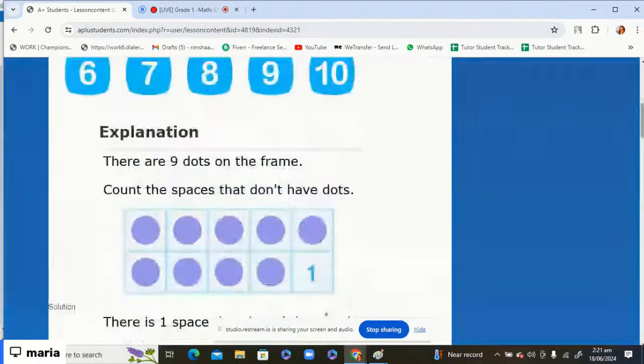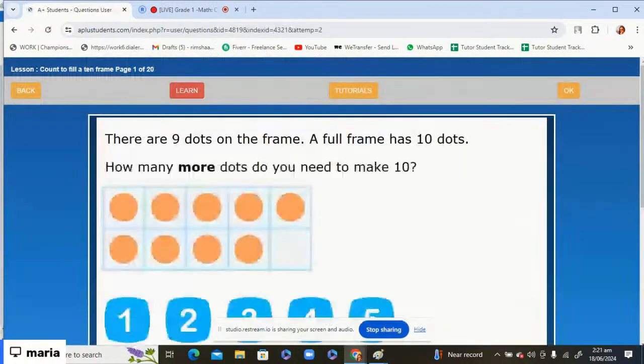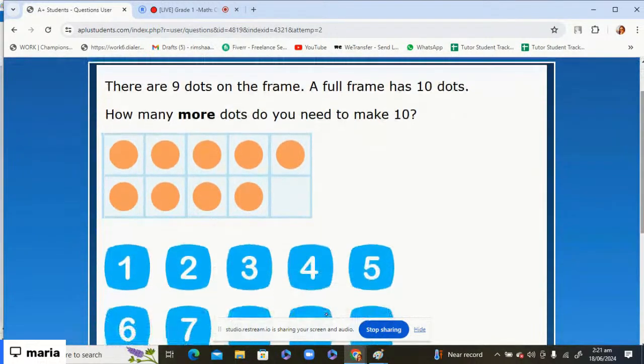Okay, now let's do some test questions. So there are 9 dots on the frame. They're saying that how many total dots are there? 9 dots. And a full frame has 10 dots, as we already know.